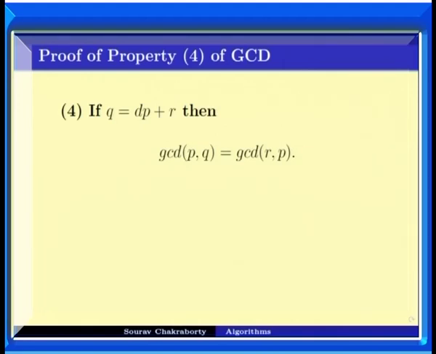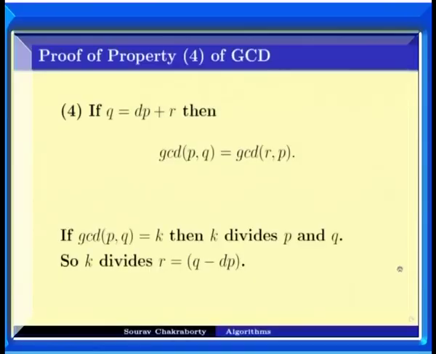So here we have the proof for this property 4 of GCD, which says that if we write q as some integer times p plus a value r, then the GCD of p and q is equal to the GCD of r and p. Let us first assume that the GCD of p and q is some value k. By definition, k divides both p and q. Then k must divide q minus dp, because k divides q, k divides p, and d is an integer.